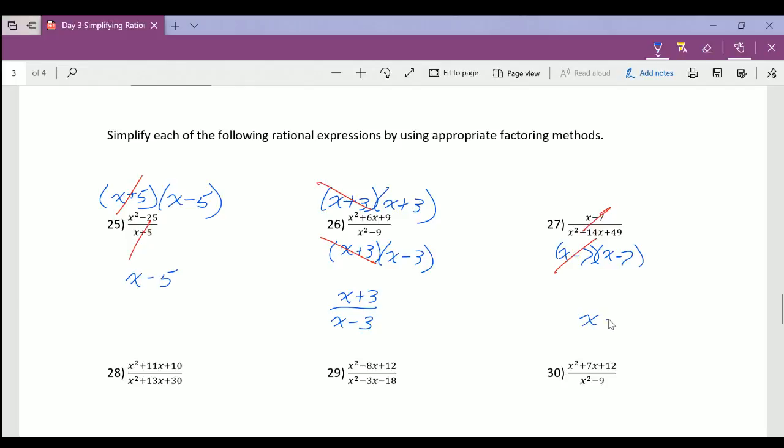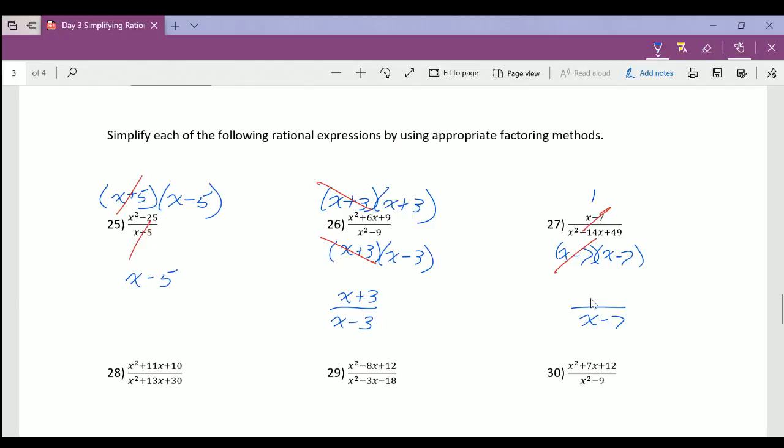I wanted to do this one because the bottom is x minus 7. That's plain to see. The thing is, there's nothing left up on top. We canceled everything that's there. You got to remember, this is multiplication and division. And the identity for that is the number 1.